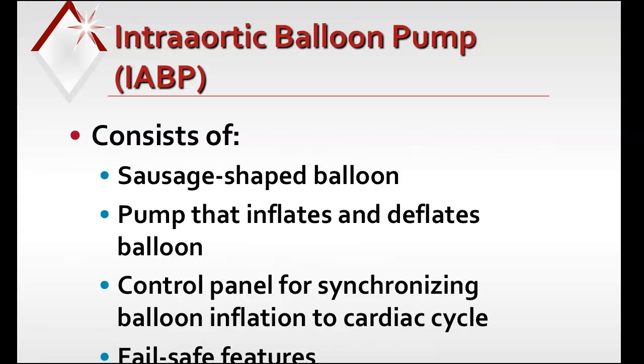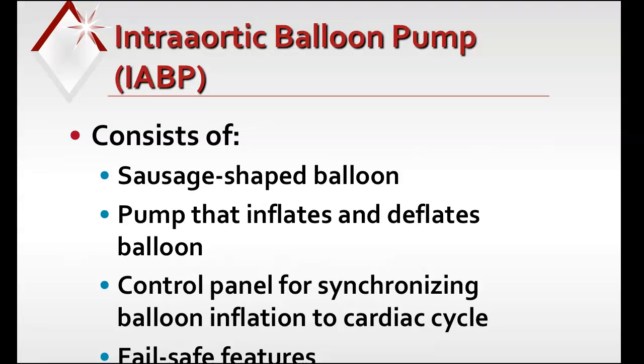All right, so what happens here? The aortic balloon pump is basically a sausage-shaped balloon, and it's a pump that inflates and deflates the balloon, and there's a control panel for synchronizing the balloon inflation to the cardiac cycle with some fail-safe features.